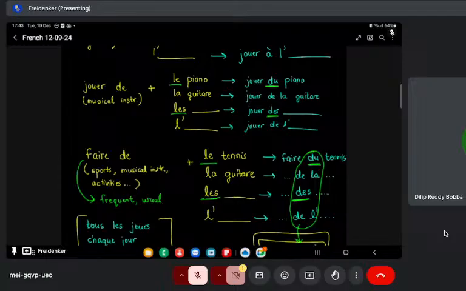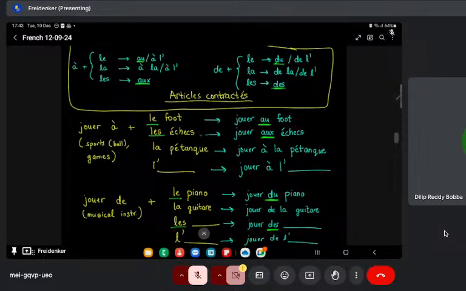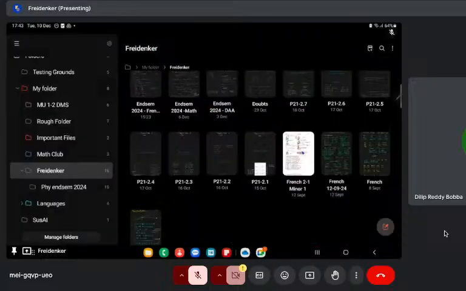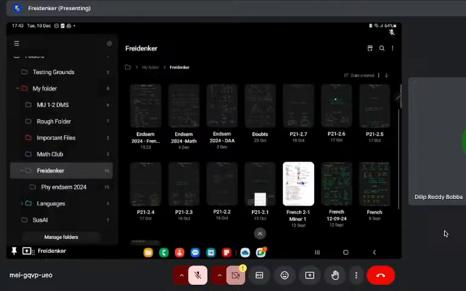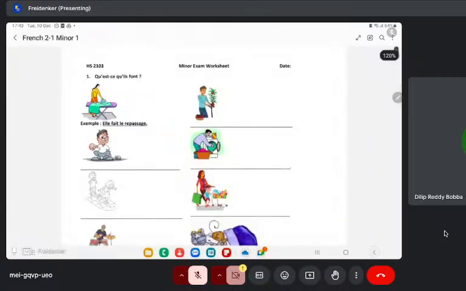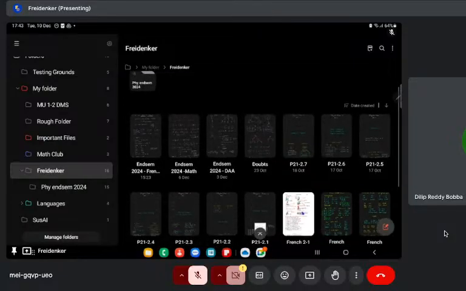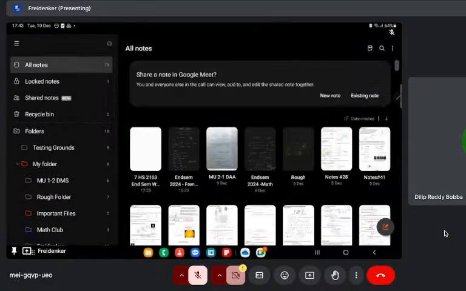So échecs will come here. Jouer and à. So à plus les will become aux. So that is what is happening there. That's why aux will come. Where is my worksheet? Okay, one minute.